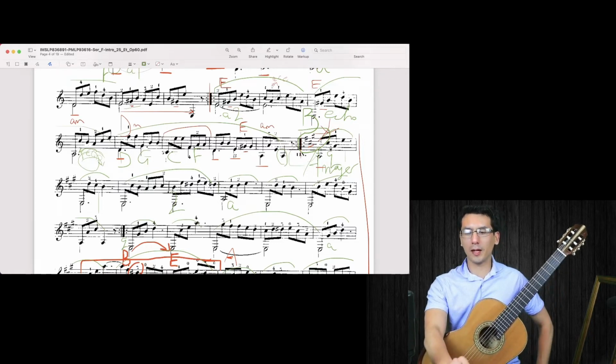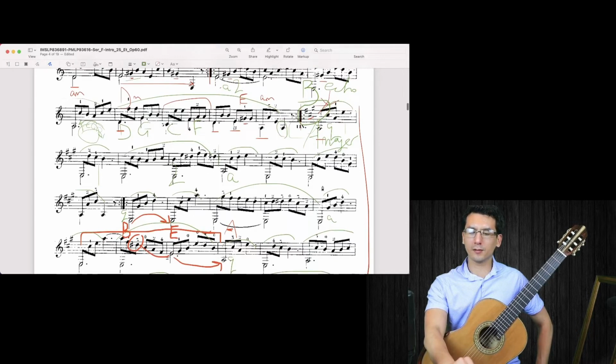So we're getting a combination of a sentence. We're getting this 1 plus 1 plus 2, creating a question, and then Saw repeats it as the answer. 1 plus 1, and then the 2-bar idea is a little bit different to finish us off for that section. So that would be B1.